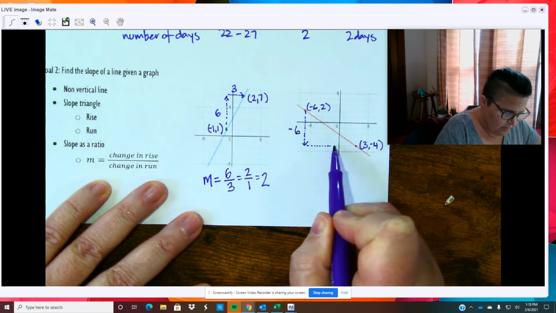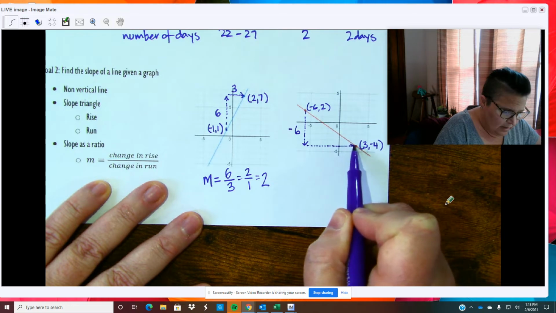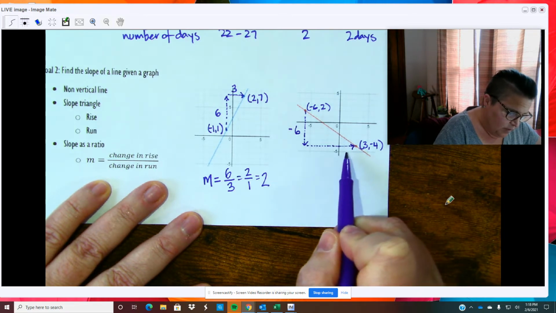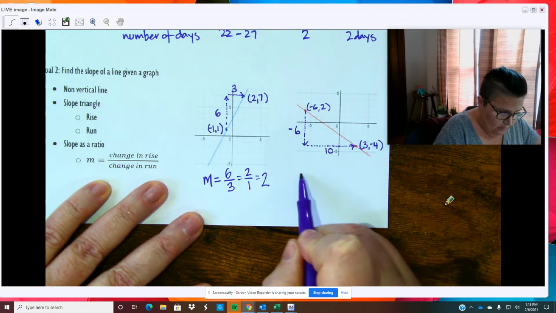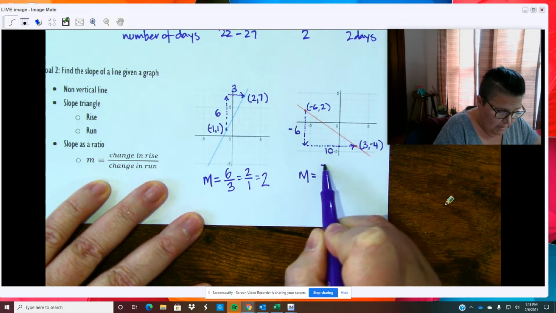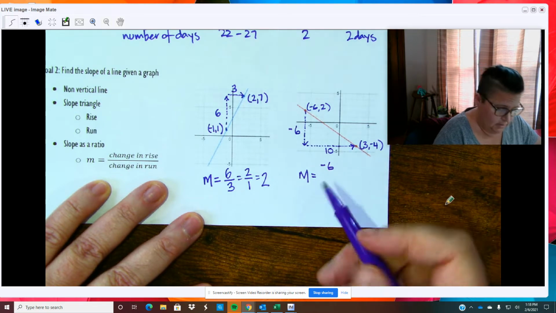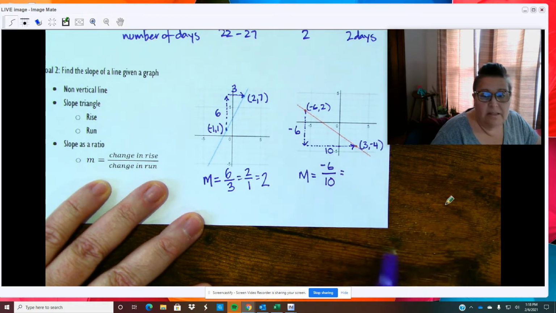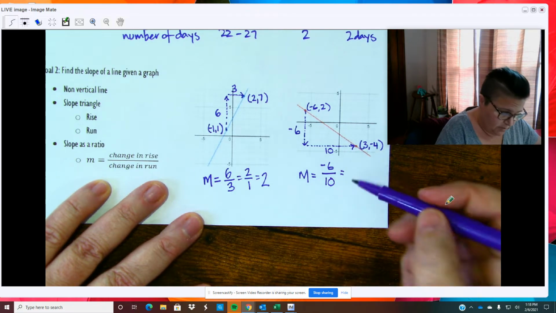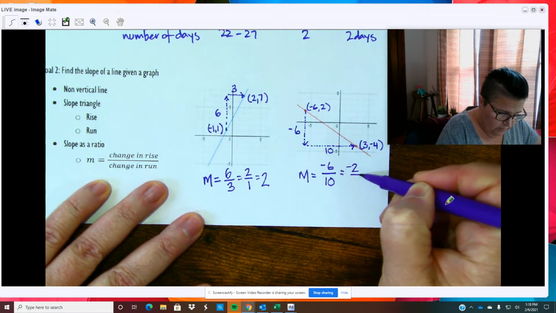I'm going to make it negative because we're falling. And then we're going to go over, what is that? 10 units. So for this one, our M would be a -6 because it's falling 6. And then we're going over 10. This does reduce. You always want to reduce your slope to a -2/5.